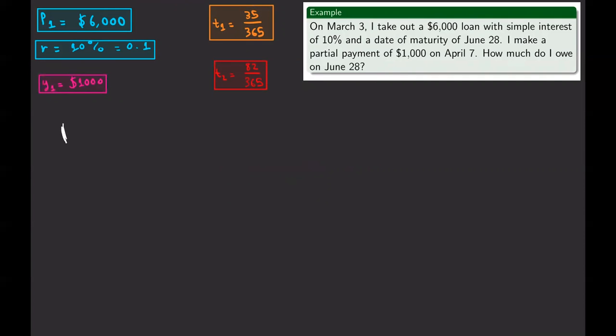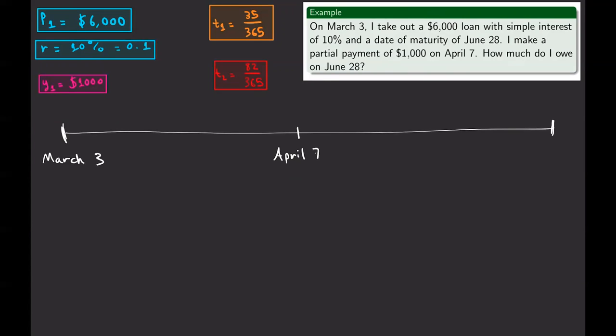So we start off on March 3rd. We're going to go until April 7th. And we're going to finish at June 28th. And we know that this first time frame is going to be 35 days. We know that this time frame is going to be 82 days.